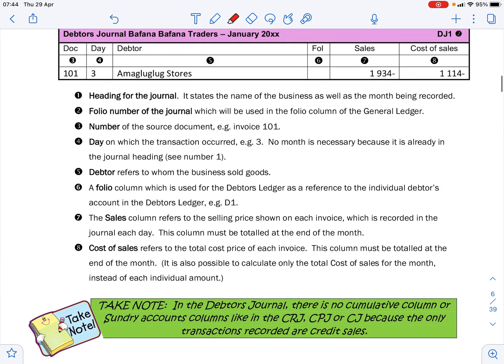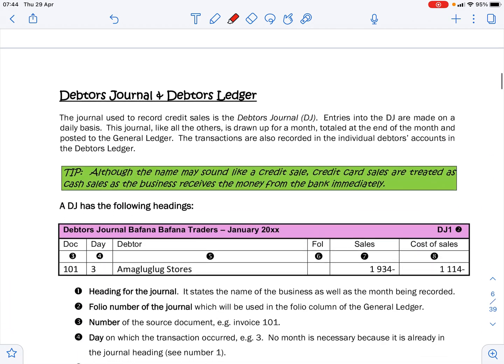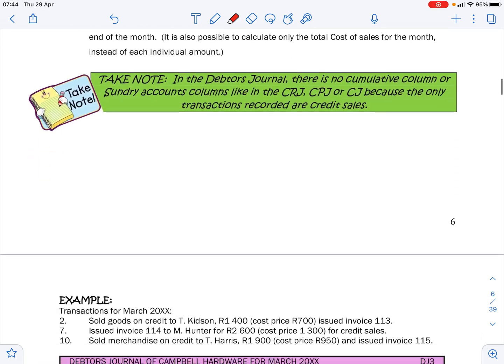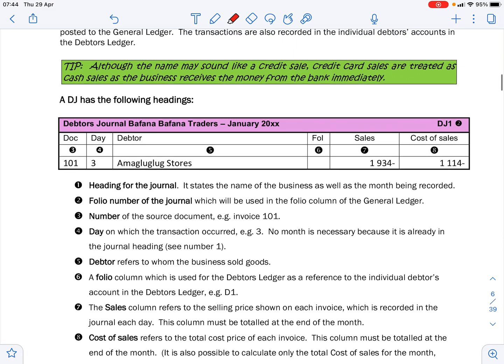But it's much better when we work through our individual activities, so I'll look at activity 3 with you guys. Now, a debtor's journal is very, very similar to a cash receipts journal. We have a column for our source document, a column for the date, who our debtor is. Now, this is important.